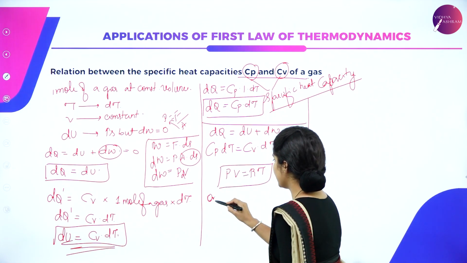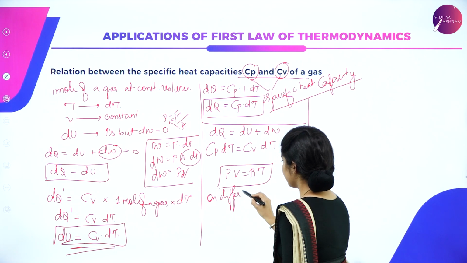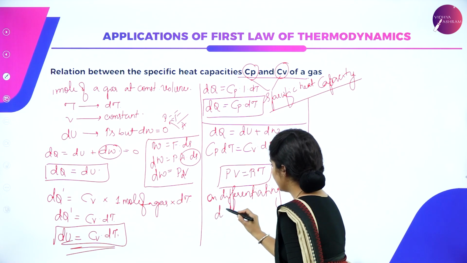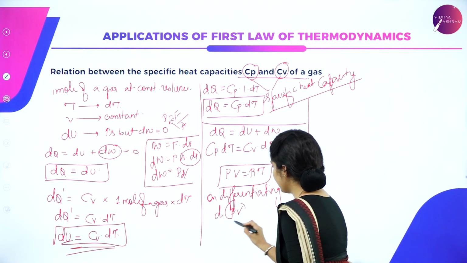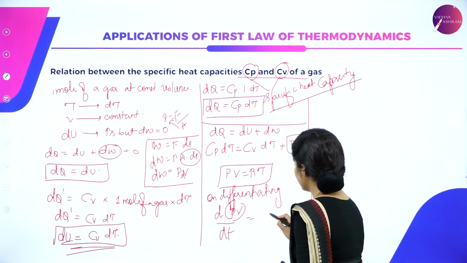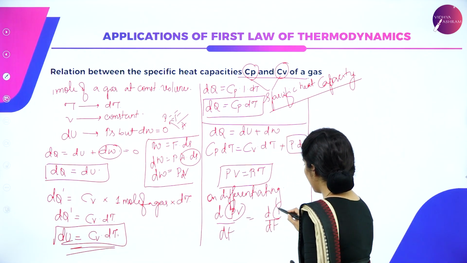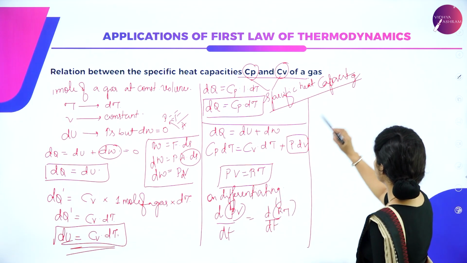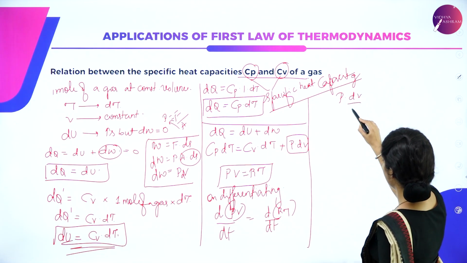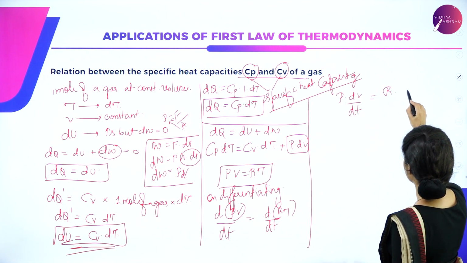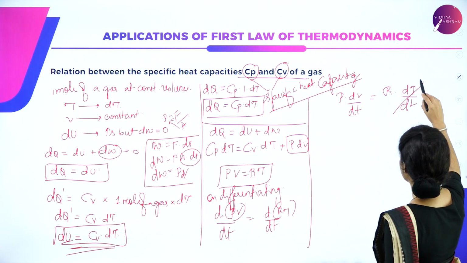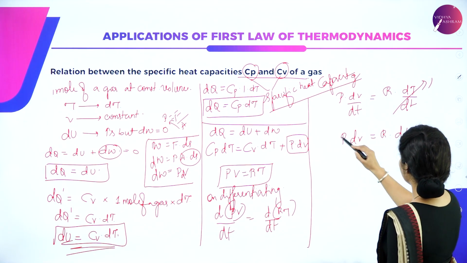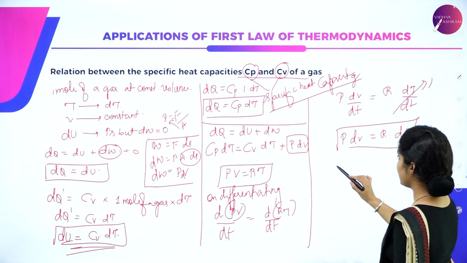On differentiating this, d of PV by dT is equal to d by dT of RT. So we can write P into dV by dT equal to R into dT by dT, which turns out to be 1. So P dV is equal to R dT. Instead of P dV, we can apply R dT.